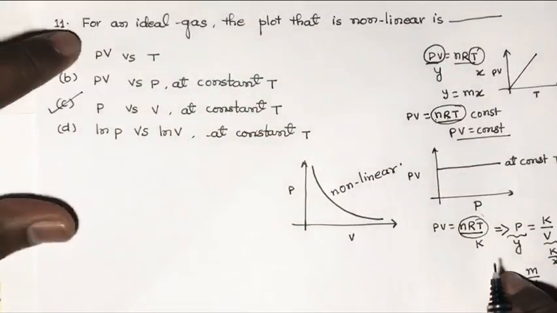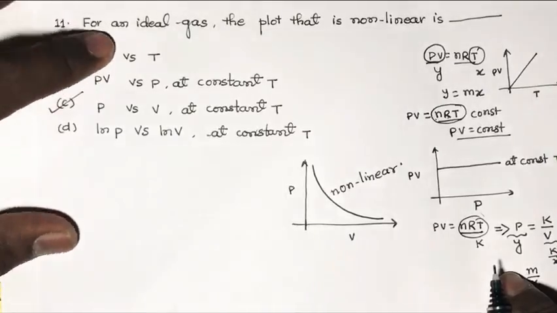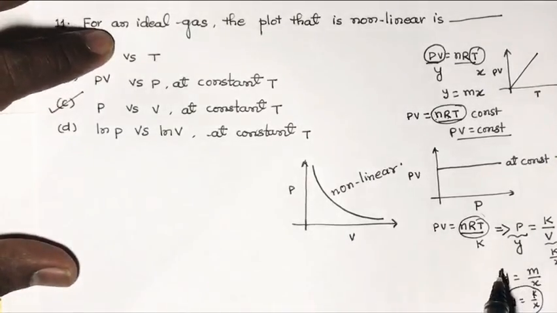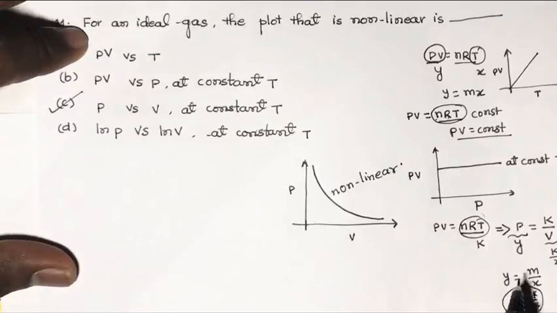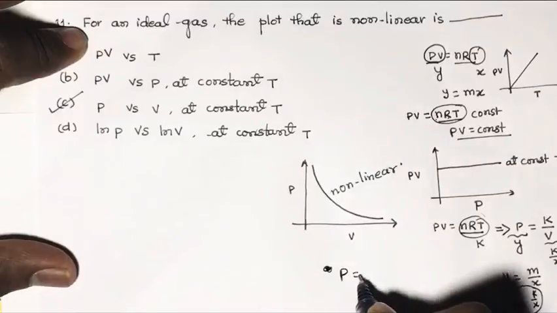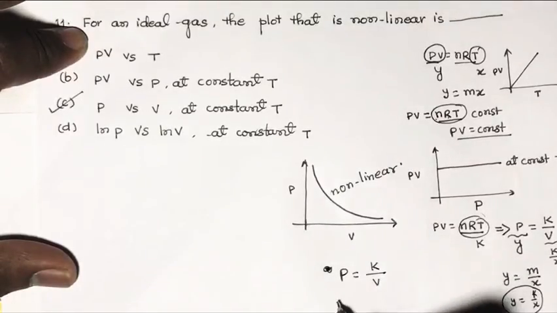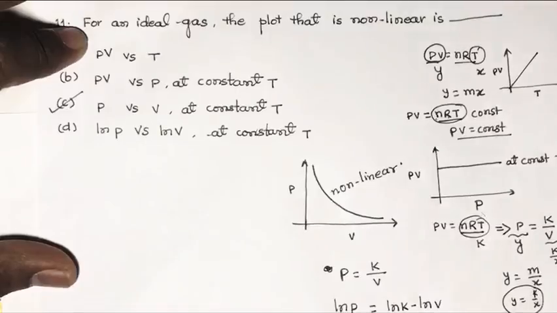Also let's check the fourth one, that is lnP versus lnV at constant temperature. If the temperature is constant, then P equals constant K by V. If we take the log, lnP will be equal to lnK minus lnV.